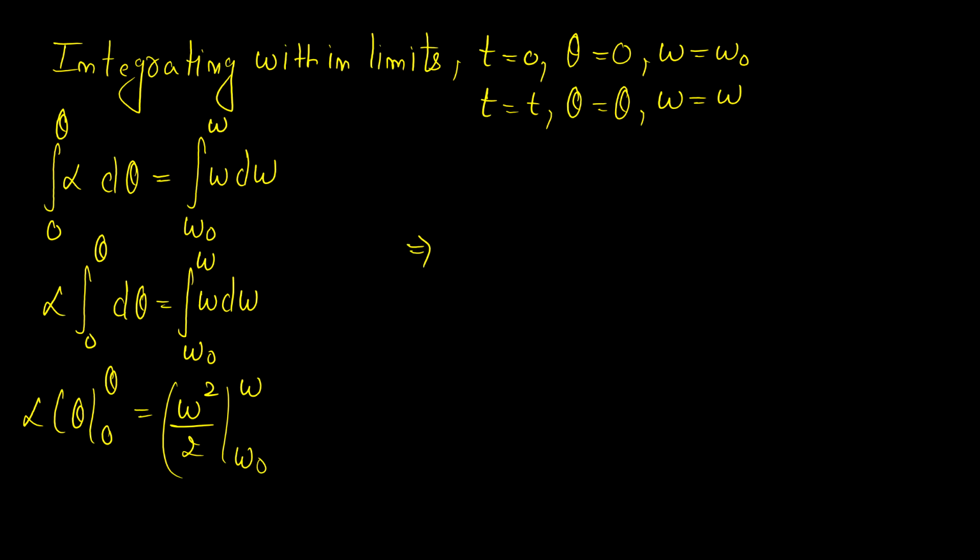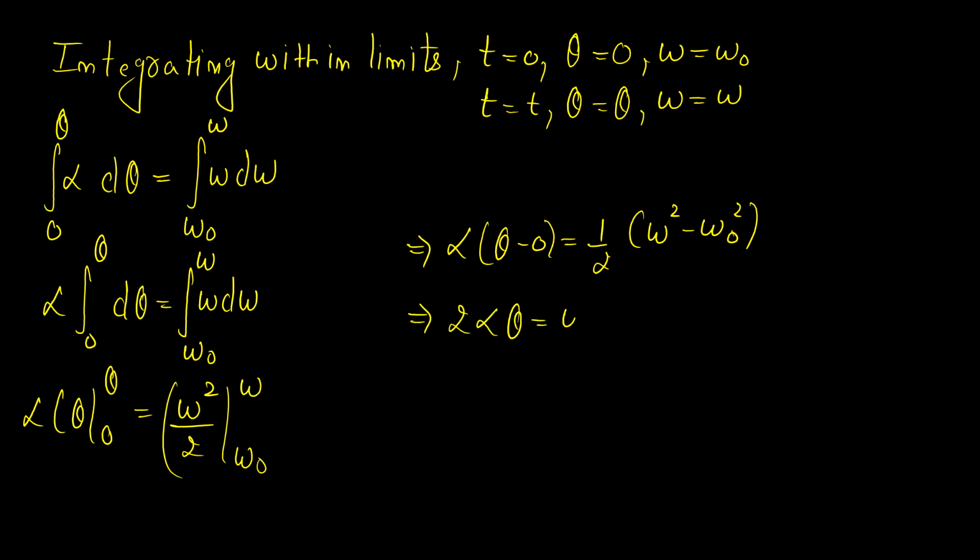Then alpha theta minus 0 equal to 1 upon 2 omega square minus omega naught square. Then arranging this equation, we get 2 alpha theta equal to omega square minus omega naught square, which is our third equation.